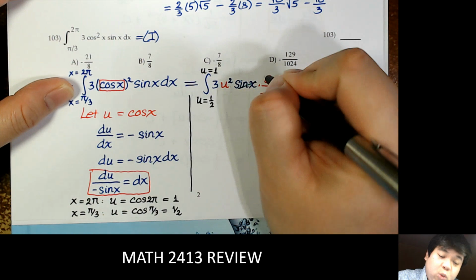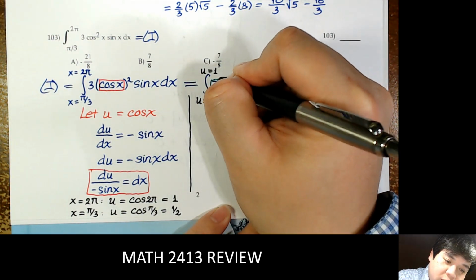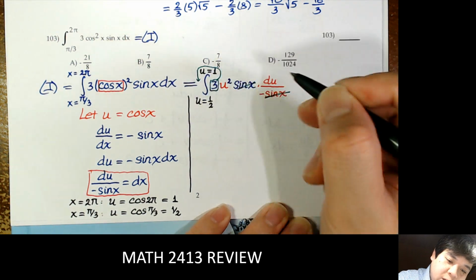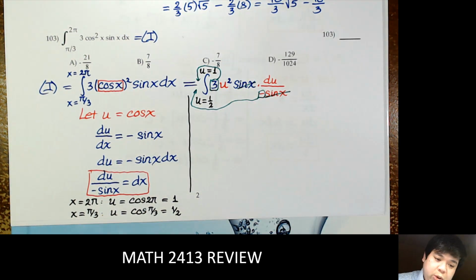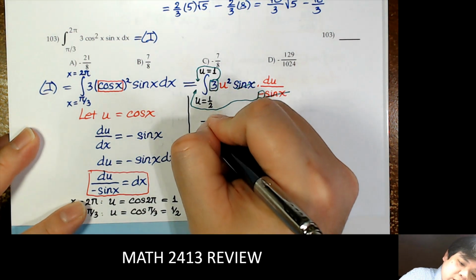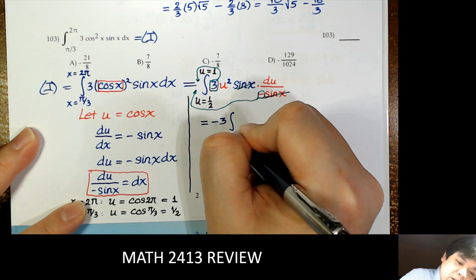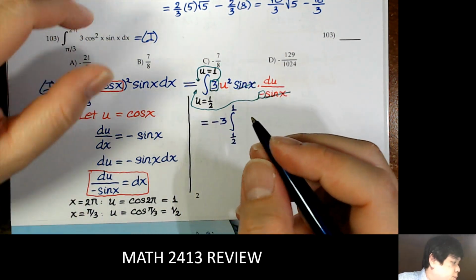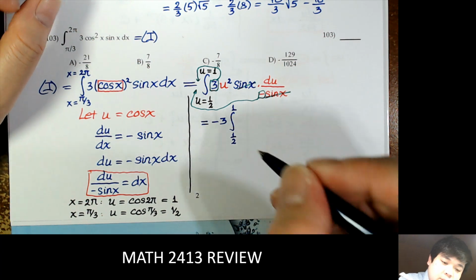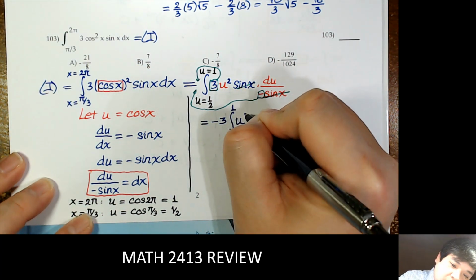Sine x cancels out, which is always a good thing when we cancel all the x. 3 is a constant, bring it outside, and negative, bring it outside. So we will have negative 3 on the outside. Limits 1/2 to 1. And then we have u square du.